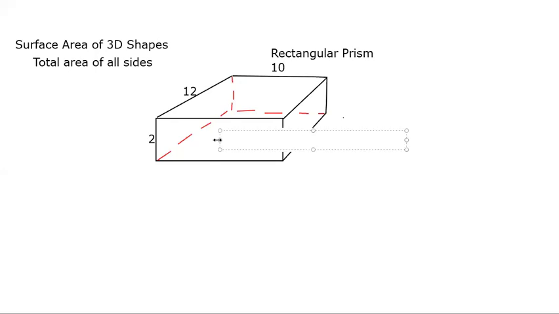Well, this could be side A, side B. Actually, let's do this. This is the bottom of the cereal box. This is the top. This is the left. And this over here would be the right.